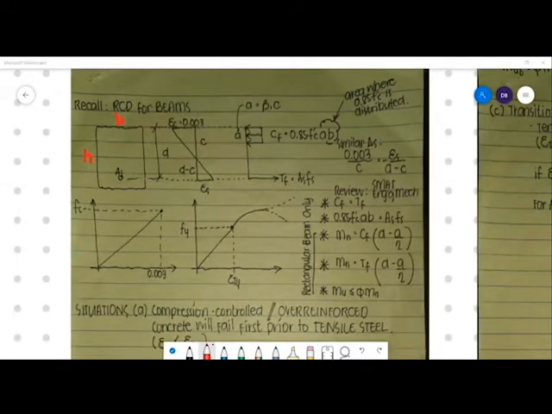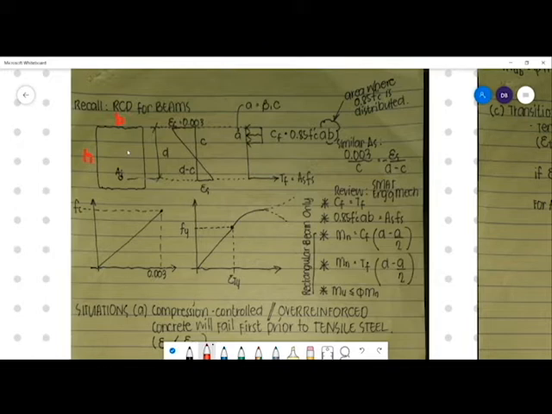we know that the top fiber experiences compression, while the lower fiber experiences tension.